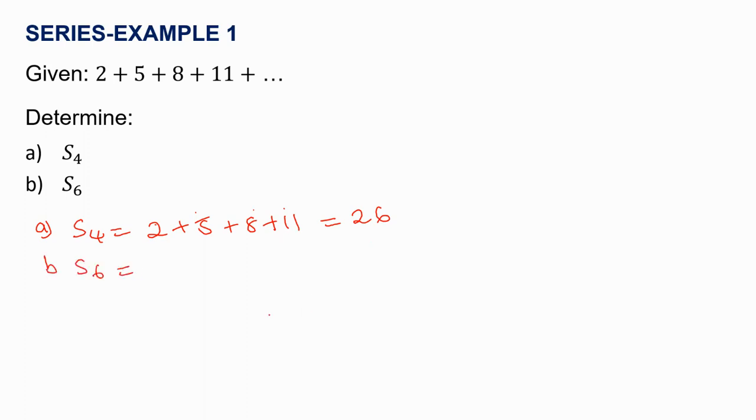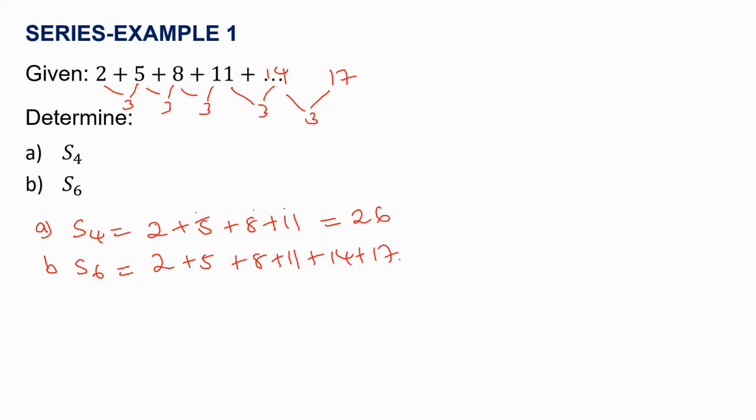It means you're adding the first six terms of the series. So we have to extend this. The difference here is 3, 3, 3. It means here is going to be 14. And then it's going to be 17 here. So now the first six terms: 2 plus 5 plus 8 plus 11 plus 14 plus 17, which is going to give us 57.